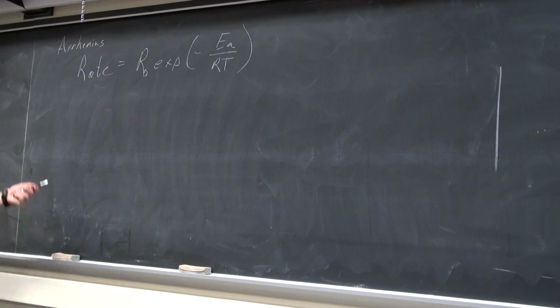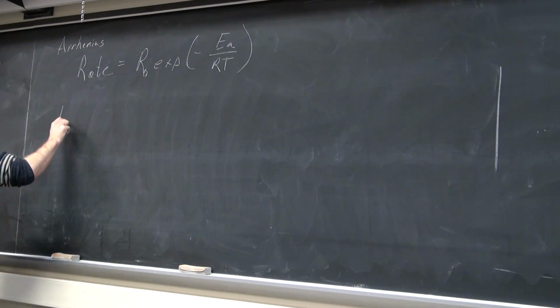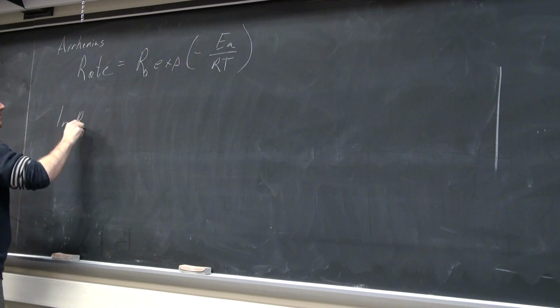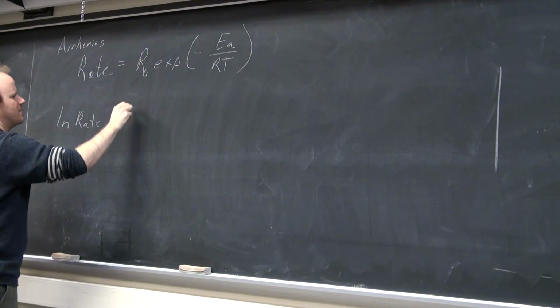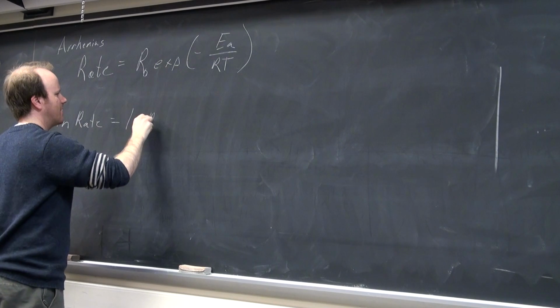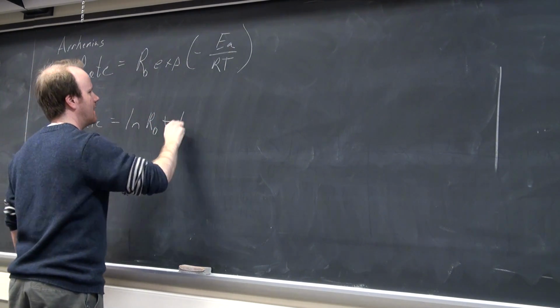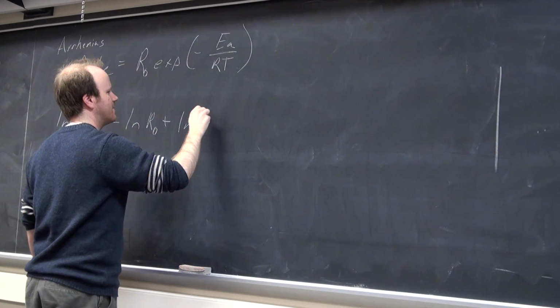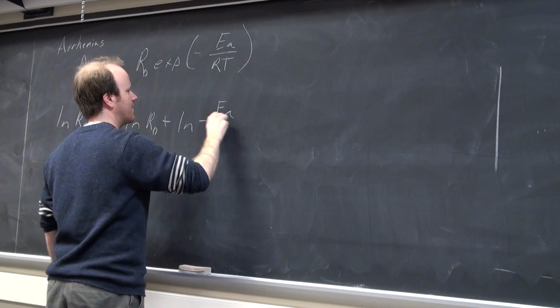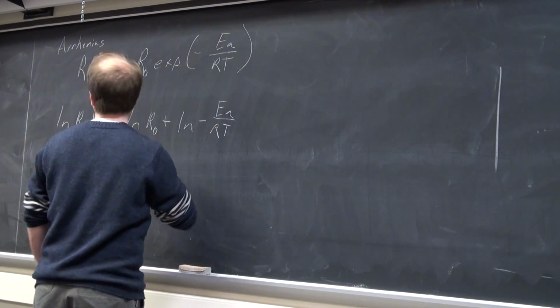So how do we linearize this thing? Take the natural log. ln rate equals ln of R0 plus ln of e to the negative EA over RT.